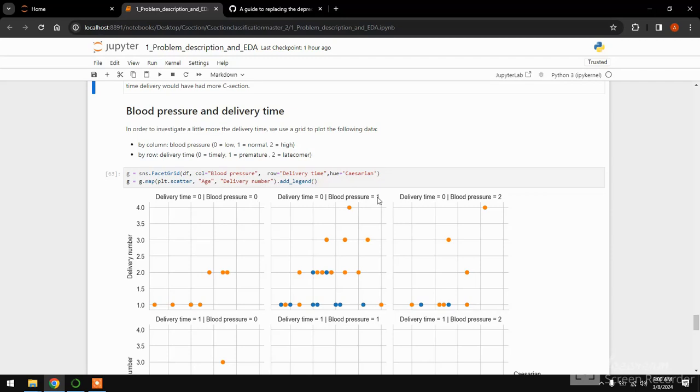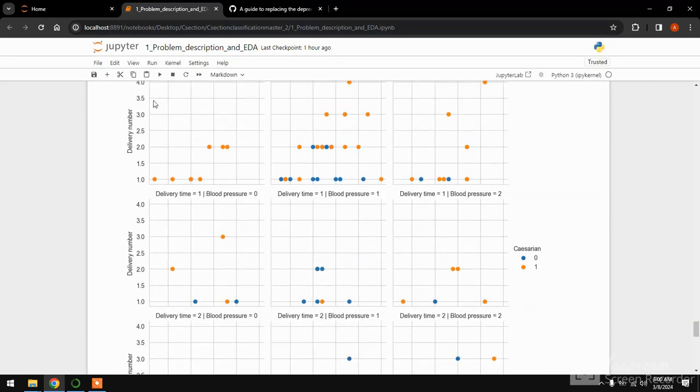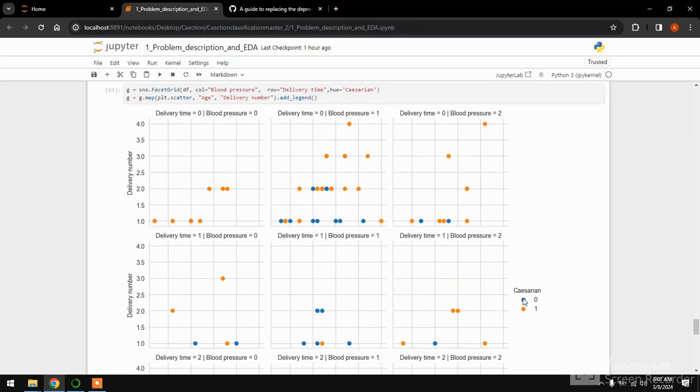For example, if the delivery time is normal, not premature and not late, and the blood pressure as well is normal, and the delivery number is from 1 up to 4 babies, what is the possibility of delivering through normal birth, and what is the possibility of delivering through C-section? That's shaded in dots. So the variables, we can change them the way we like.